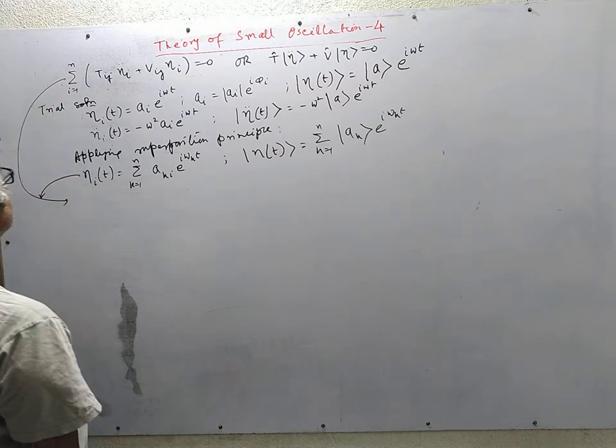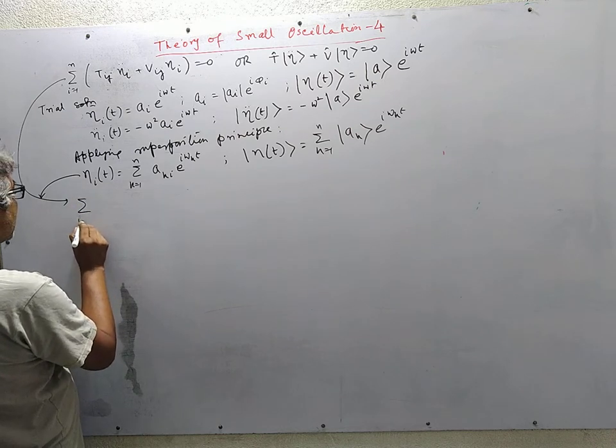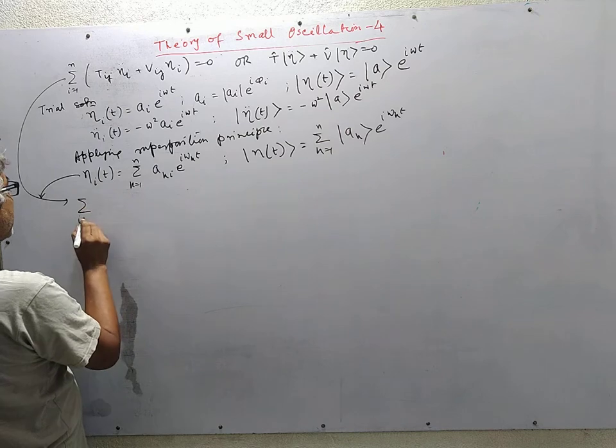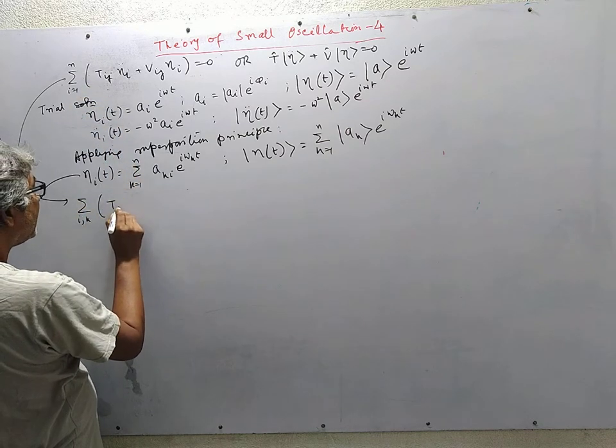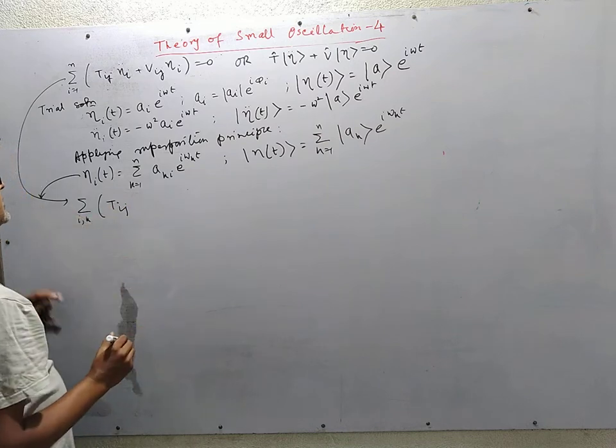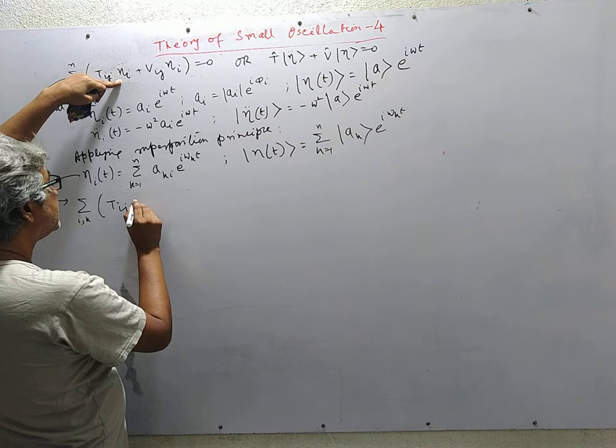So there we will have two sums, one sum over i, another sum coming from k, and this is T_ij.